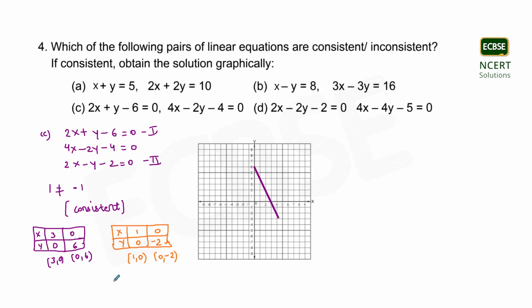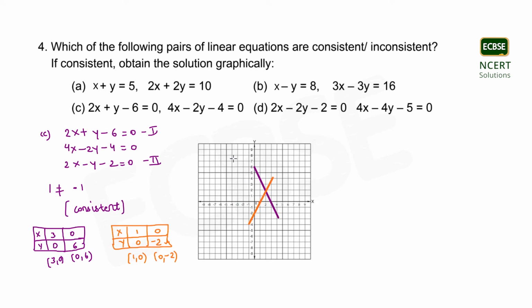So now the next step is to mark the points obtained from the second table. The 2 points are 1, 0, which is this point, and the second point is 0, minus 2, which is this point. Now again we will draw the line passing through these 2 points.